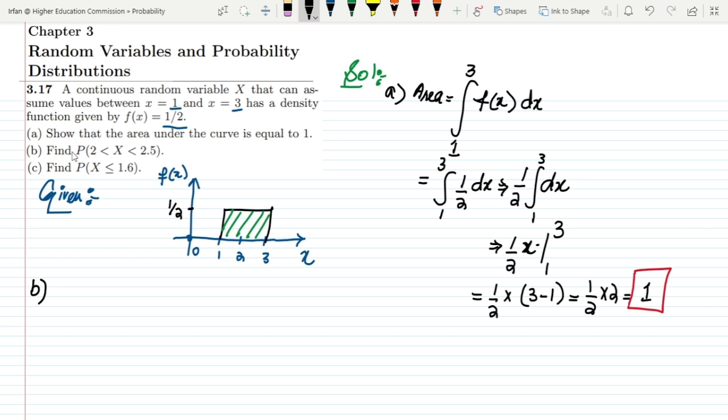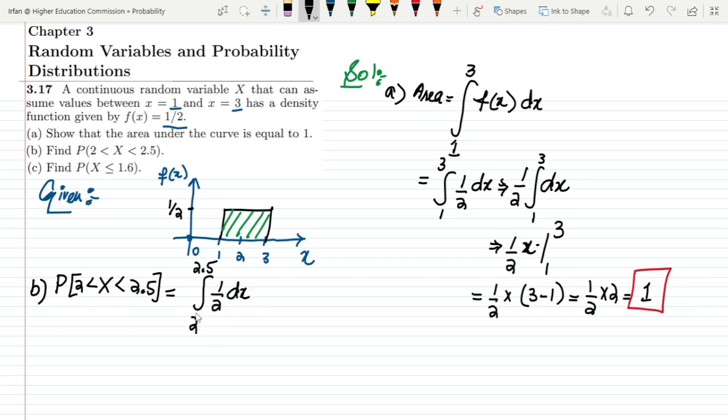This is part B, and here we have to find the probability that x is greater than 2 and less than 2.5. Again I take the integral, because this is a continuous random variable, writing the lower limit here and the higher one here, with f of x, which is again 1 by 2 d of x.